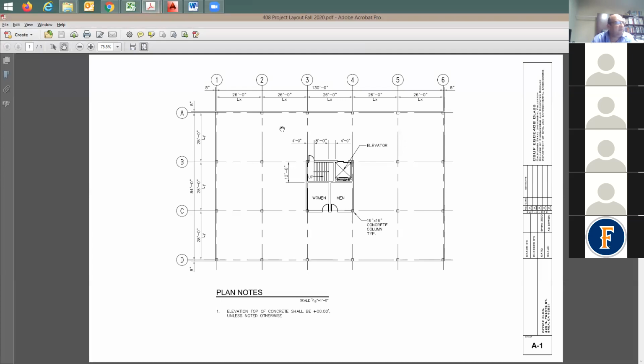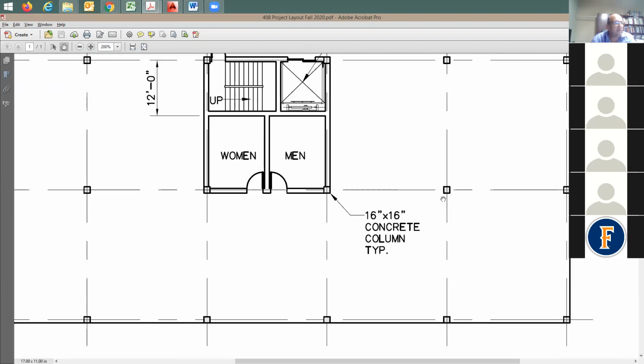You can see this picture. It's a plan layout of a building. These are the columns, and it says typical column is going to be 16 by 16. So the architect is telling you it's 16 by 16.